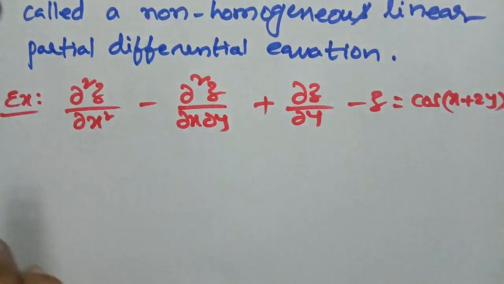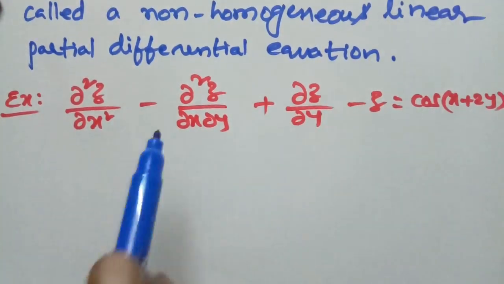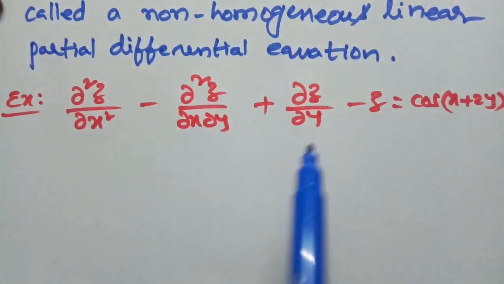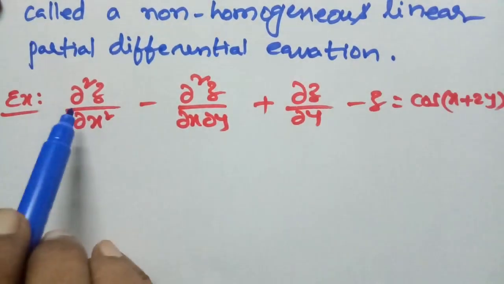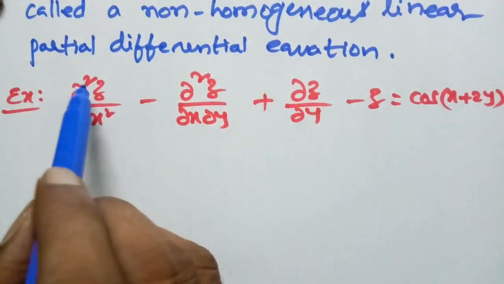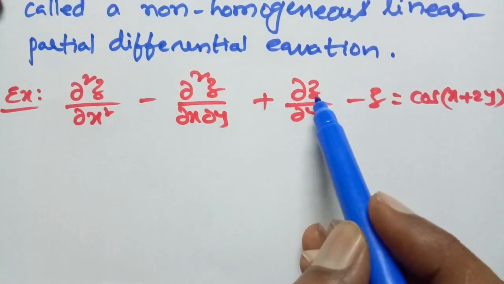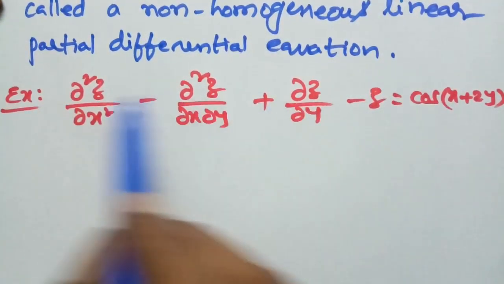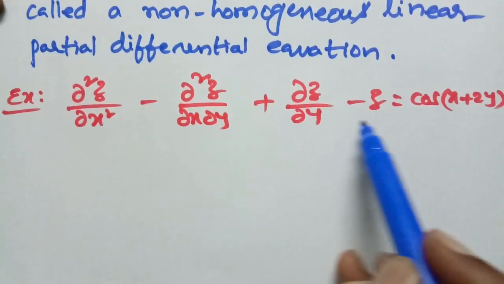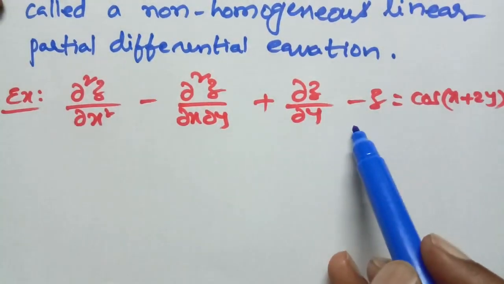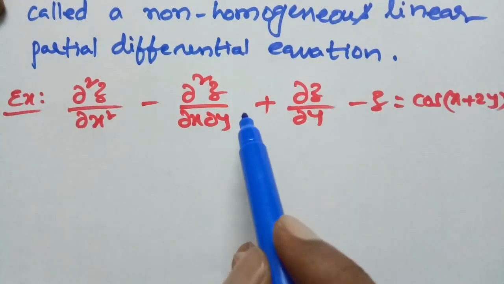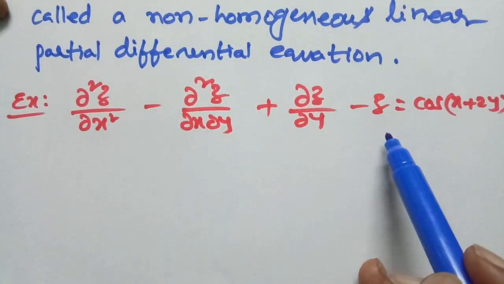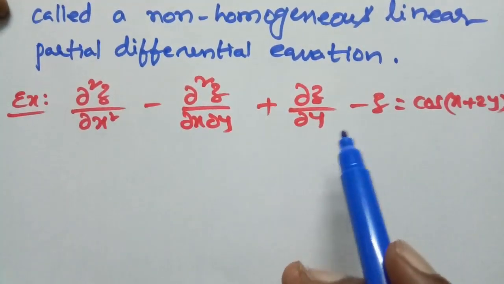The order of each derivative in the given expression is the same, therefore that is homogeneous. But here, we observe second order, first order. Therefore there is no homogeneity in the order of the partial derivatives involved in this partial differential equation. Therefore, it is called a non-homogeneous linear partial differential equation of a higher order.